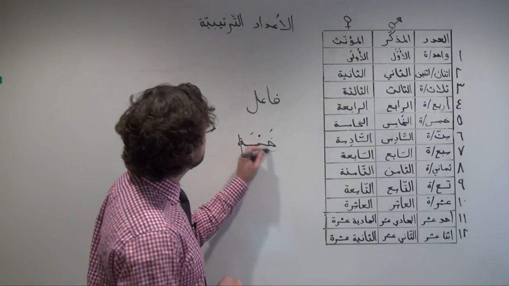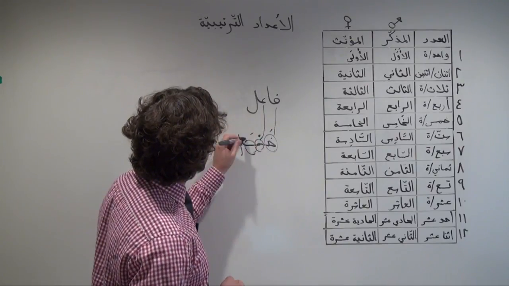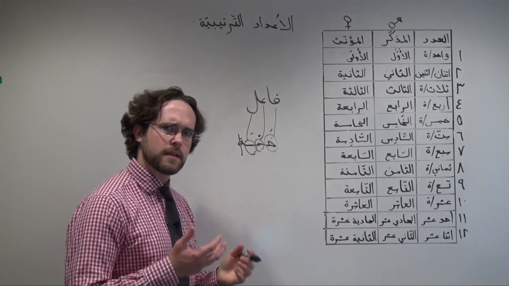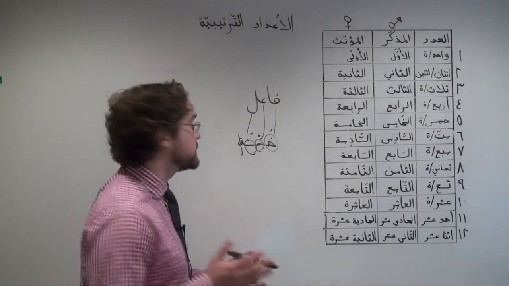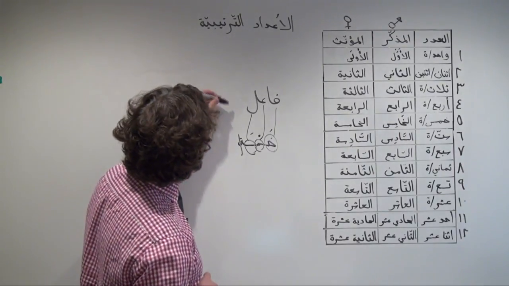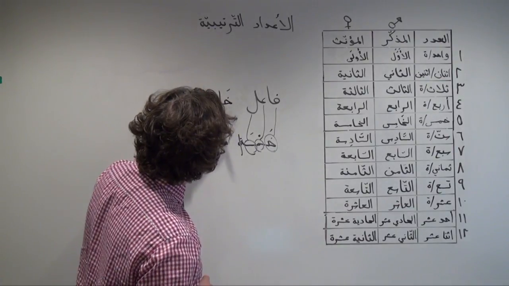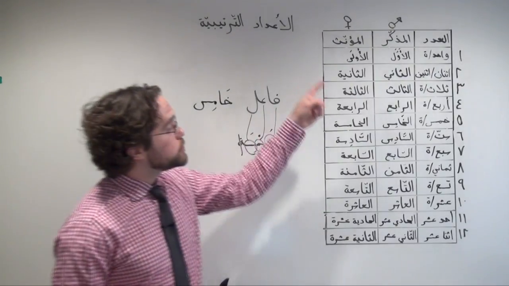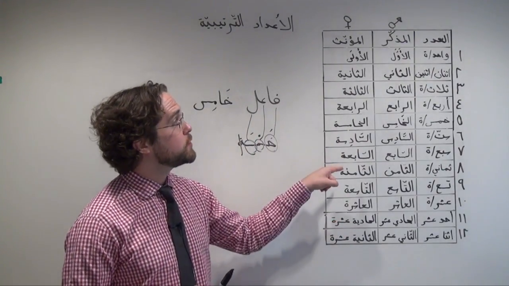So we take these 3 letters and we put them into the wazn of fa'il. Again, fa, ain, lam, these letters are just placeholders for our wazn, for that pattern, that exoskeleton that we're using. So we wind up with khamis, the 5th of something. Here we have a chart with numbers from 1 through 12 and their ordinal forms.